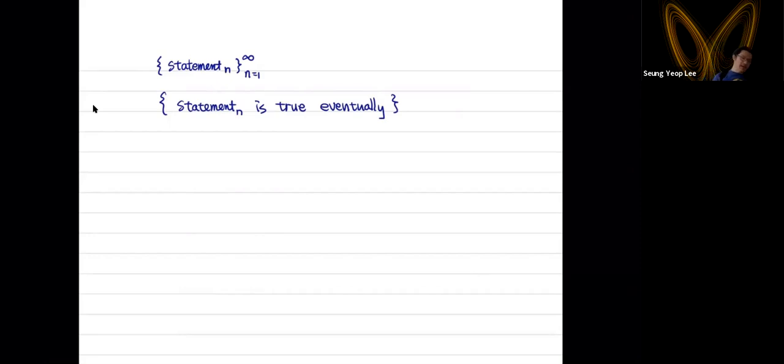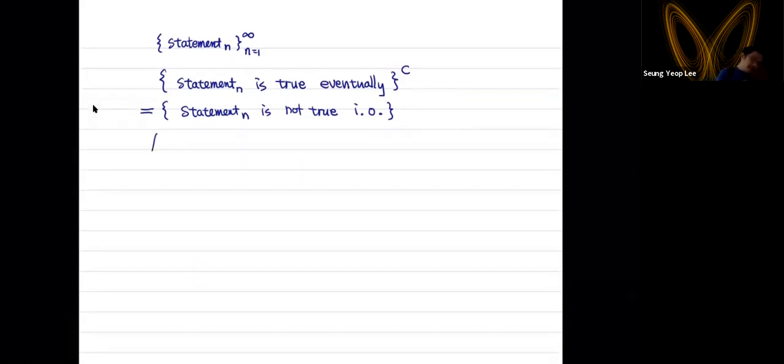And what we just showed is that the complement of such a thing is exactly the statement n is not true infinitely often. The event, statement n is true eventually. The complement of that event is the statement n is not true infinitely often.